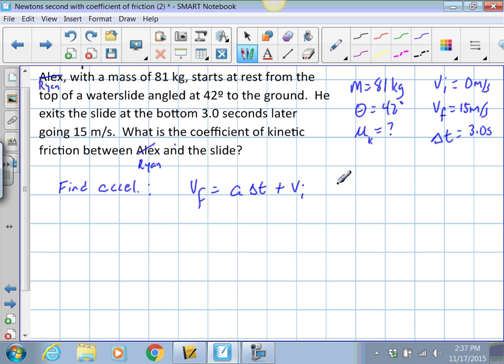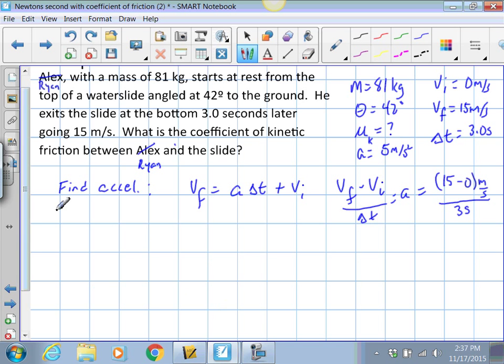So we've got VF minus VI divided by delta T equals A. VF is 15 minus 0 meters per second divided by delta T of 3 seconds. So that works out easily to acceleration is 5 meters per second squared. All right. What next?